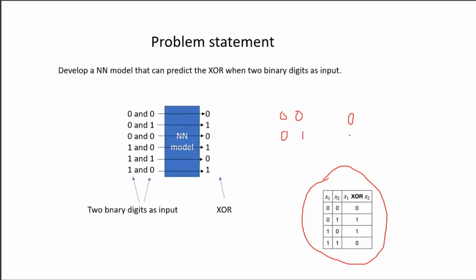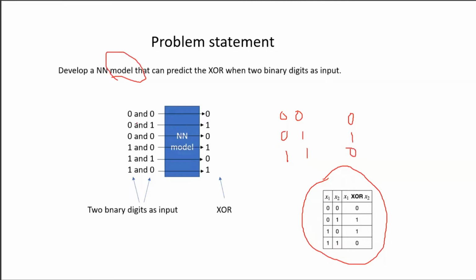In this case, the model should predict 0. If the input is 0 and 1, the model is supposed to predict 1. And if you put 1 and 1, we hope that after the model has been trained sufficiently, the model will predict 0, and so on. So we're going to develop a model that recognizes the XOR operation here. This is the problem statement.